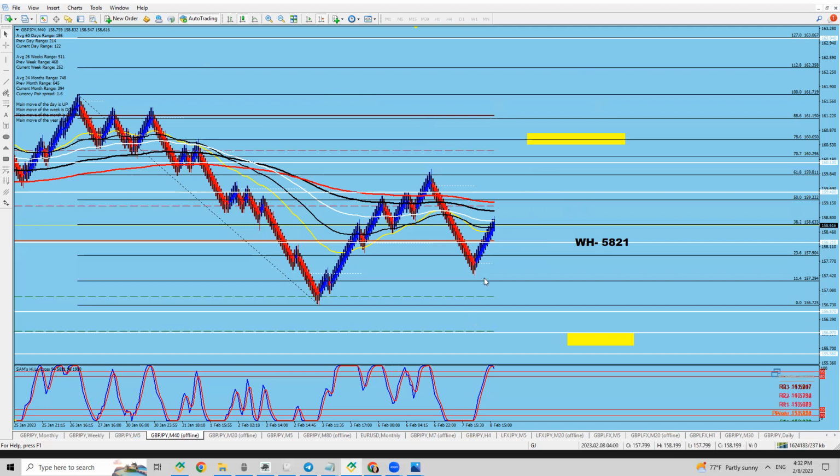The beauty of doing the indexes is that if you do the pound index analysis, you're taking care of pound yen, pound Aussie, pound Kiwi, pound CAD, pound USD, all of that. The analysis becomes easy. Similarly, if you're doing yen, not only pound yen, but euro yen, USD yen, Aussie yen, you can use that analysis there.